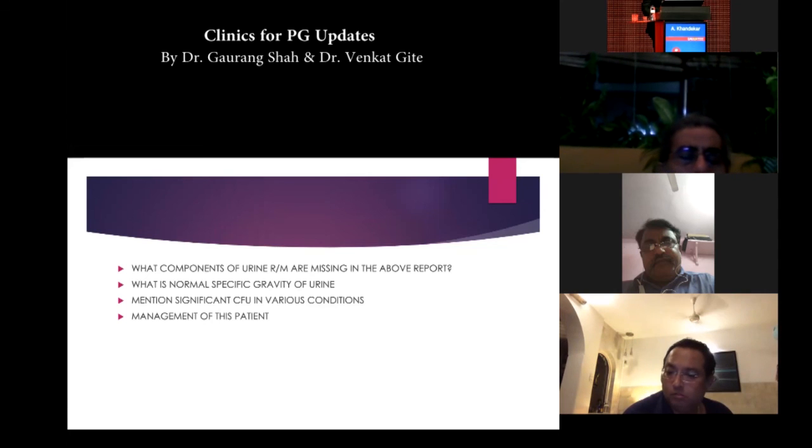And if you have taken it suprapubically? Sir, then it is a very accurate measure of detecting positive culture samples, so 10⁵ will be significant for suprapubic. And in children? In children, it is 10⁵ only.